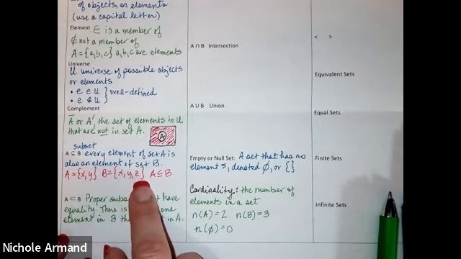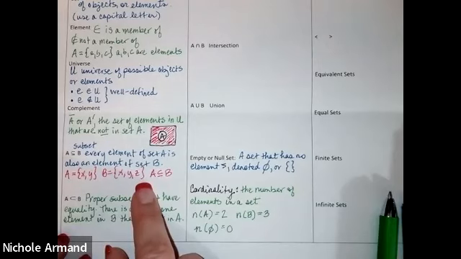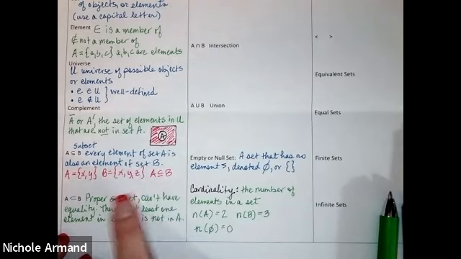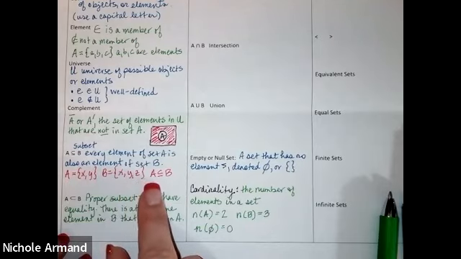So you could have the set that only has X in it, a set that only has Y in it, and a set that only has Z in it. Then you could have all subsets that have 2 elements in it. So you could have the set with XY, the set with XZ, or the set with YZ. Then you could have the whole set, the one with 3 elements, X, Y, and Z.